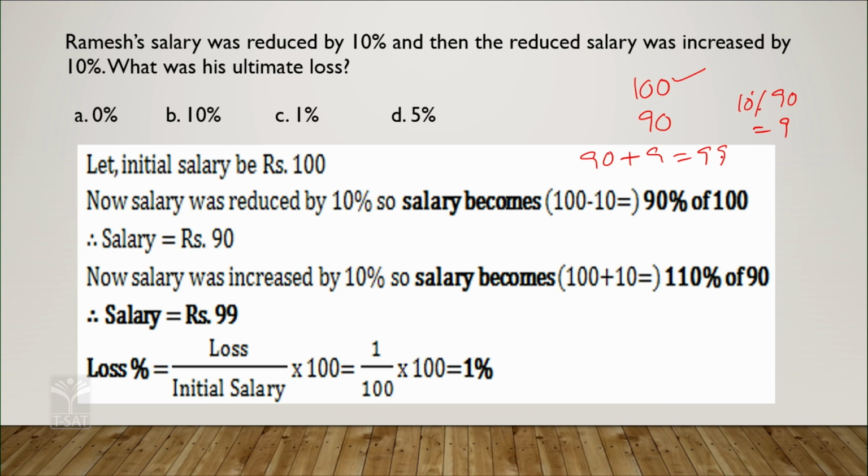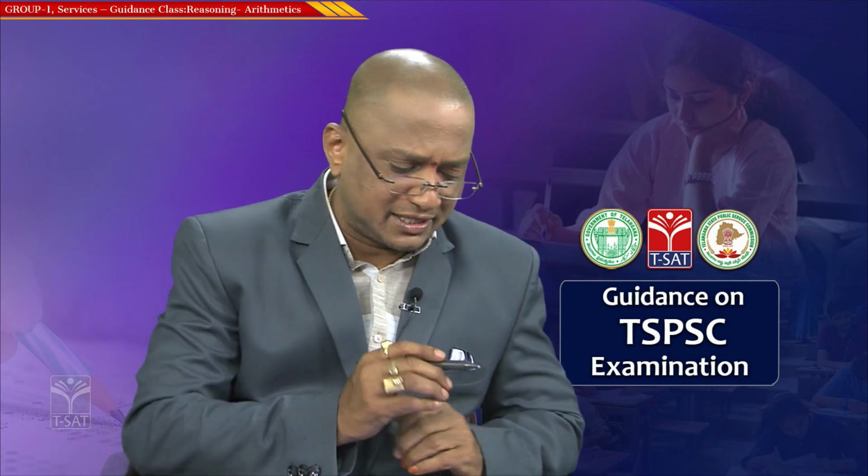What is the loss here? 100 minus 99, which is 1. So, there is 1% loss. In this general sense also you can calculate. Otherwise, if you want to do it mathematically, what you have to do? Let us say the initial salary is 100.